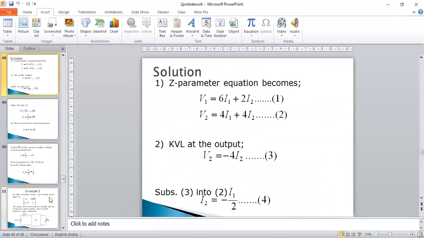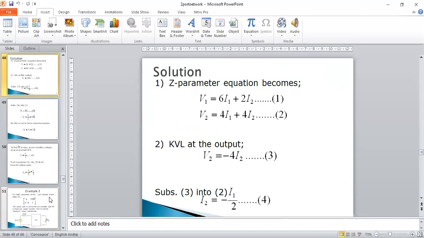Just take the solution. The Z parameter equation becomes V1 is equal to 6I1 plus 2I2, and this is referred to as equation 1, and V2 is equal to 4I1 plus 4I2, which can be written for the given matrix.